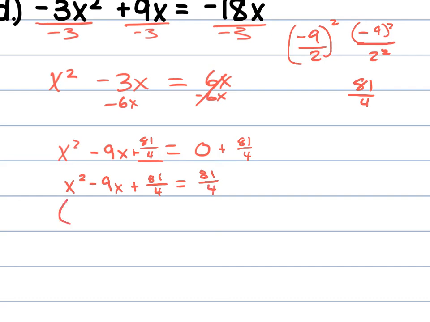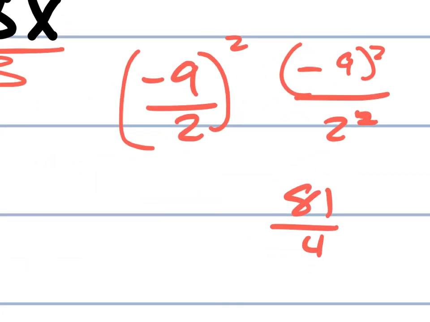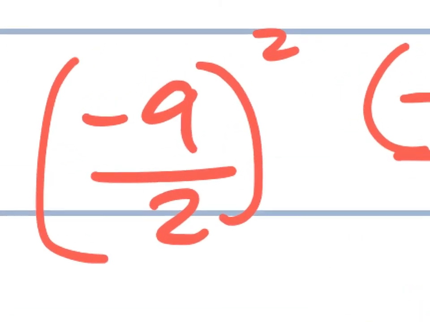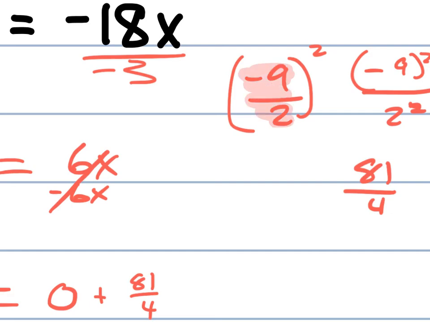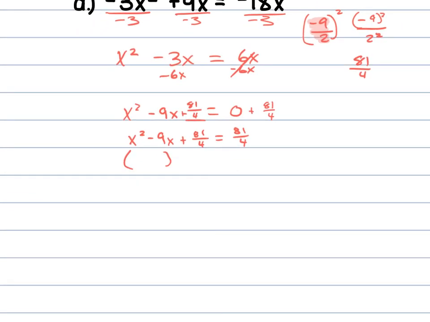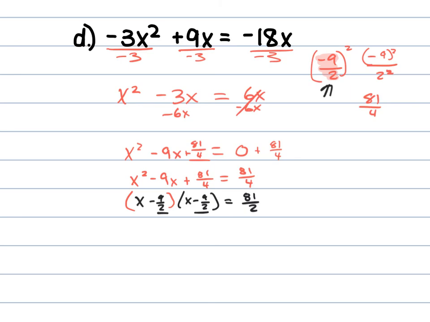But it is going to be whatever was inside, the negative 9 over 2. So this is going to be (x minus 9 halves), (x minus 9 halves), the same thing, equals 81 fourths. Where did I get that minus 9 halves? Right here. It was the same one. Oh, it was 81 fourths. Yeah, thank you.